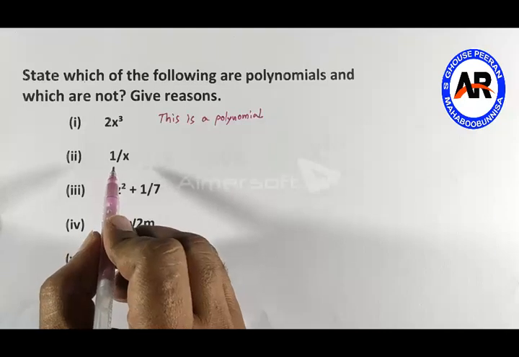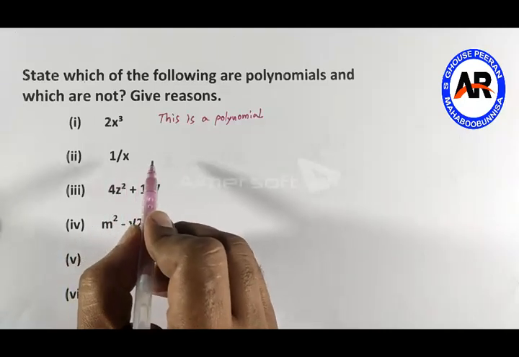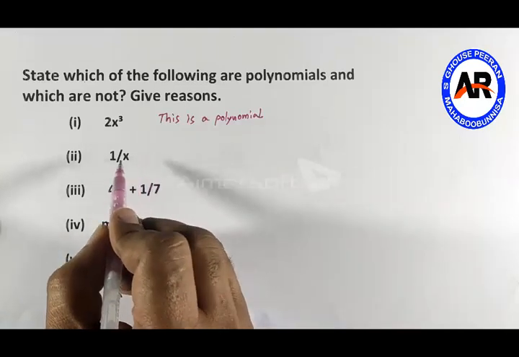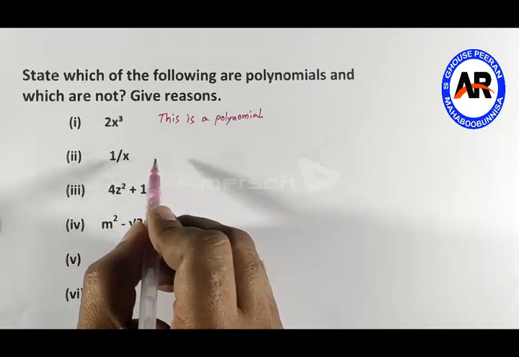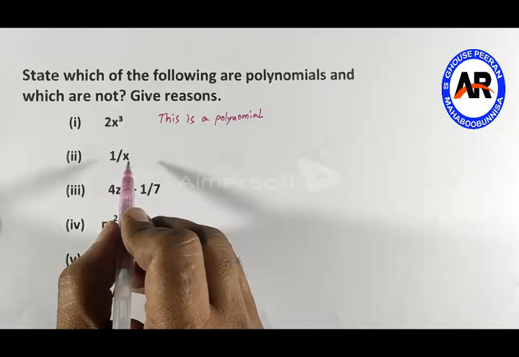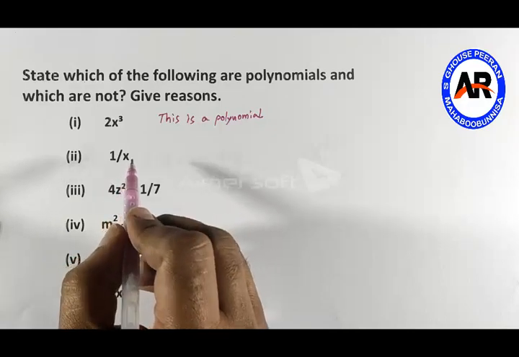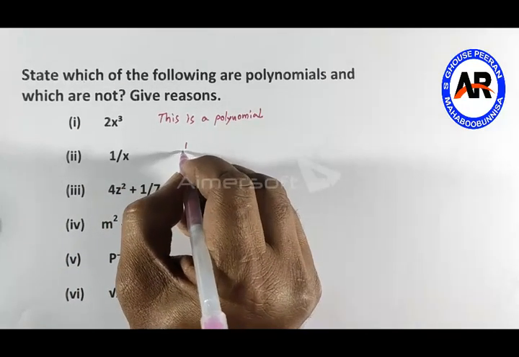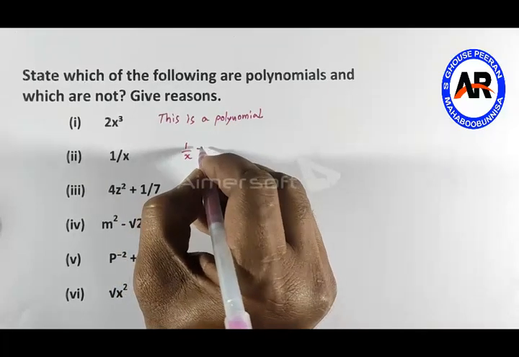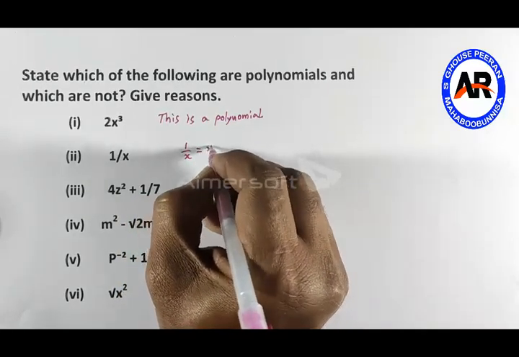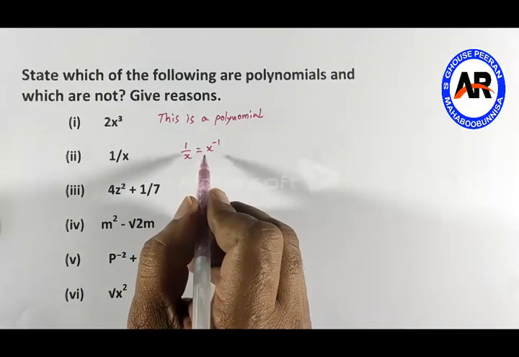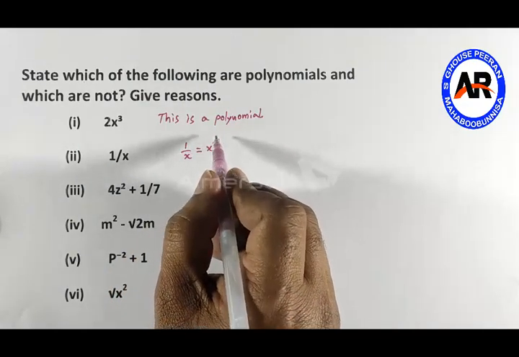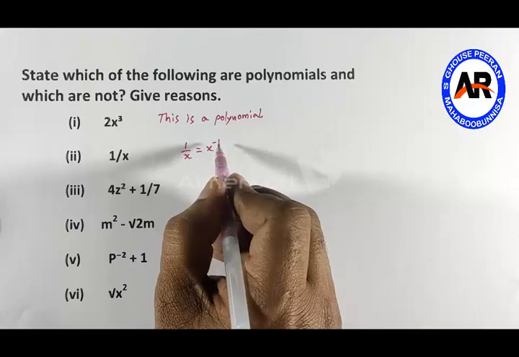Second one, 1 by x. 1 by x is not a polynomial. Simply by looking at the expression, you can say that this is not a polynomial because the variable is in the denominator's place and this will become x power minus 1. 1 by x can be written as x power minus 1. Again, we have got the negative exponent.